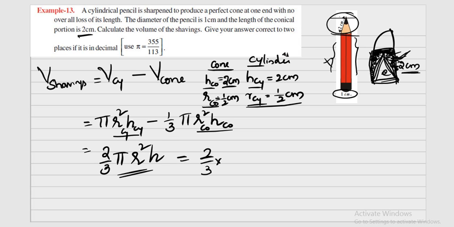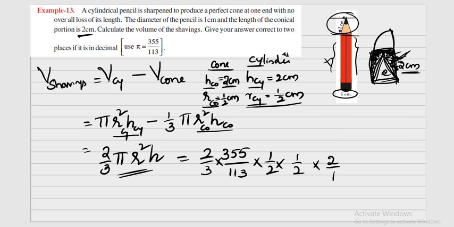So 2 by 3 into, what value should I take for pi? Pi as 355 by 113, into the radius 1 by 2 into 1 by 2, into the height of the cylinder, 2 by 1.